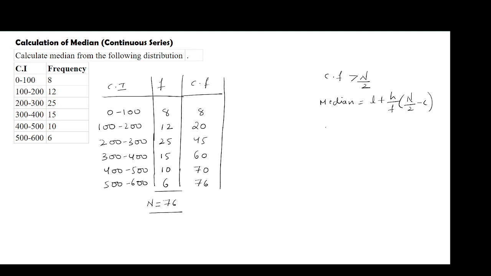Now I have to check for cumulative frequency greater than n by 2. So n is 76 divided by 2. So 76 divided by 2 is 38. The value of cumulative frequency which is greater than 38.